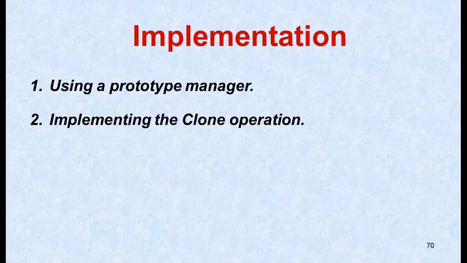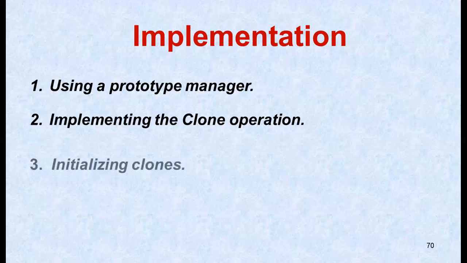So if the objects in the system provide save and load operations, then we can use them to provide a default implementation of clone by simply saving the object and loading it back immediately. The save operation saves the object into a memory buffer, and the load creates a duplicate by reconstructing the object from the buffer.